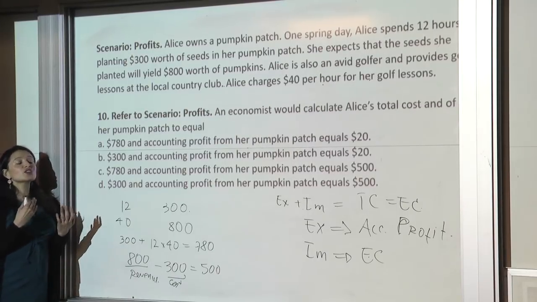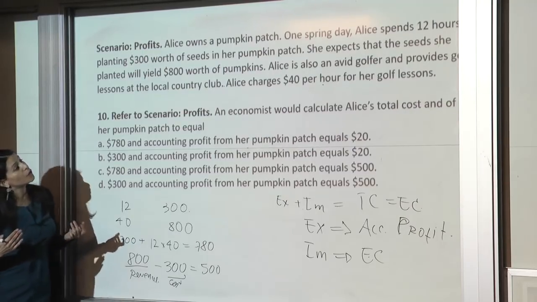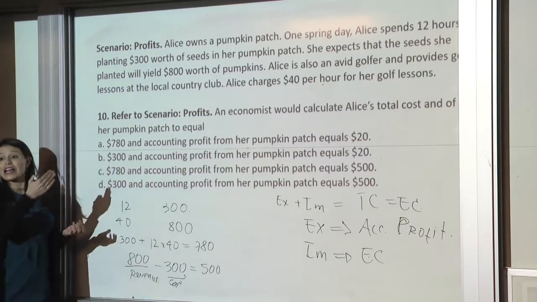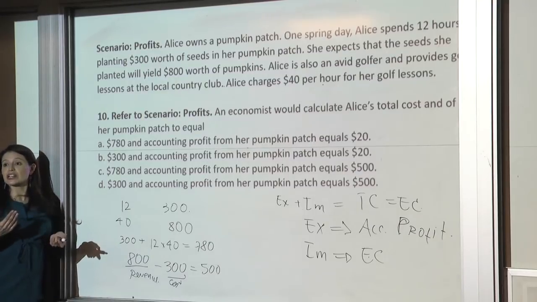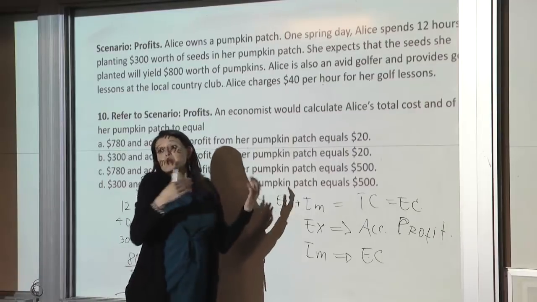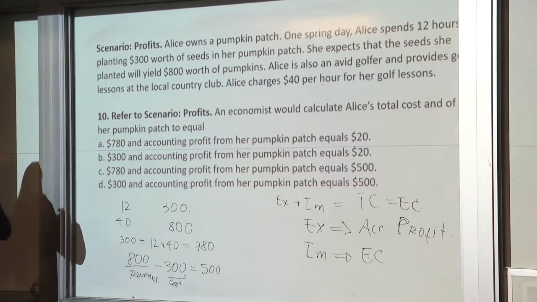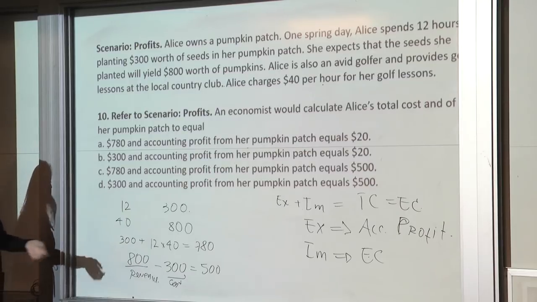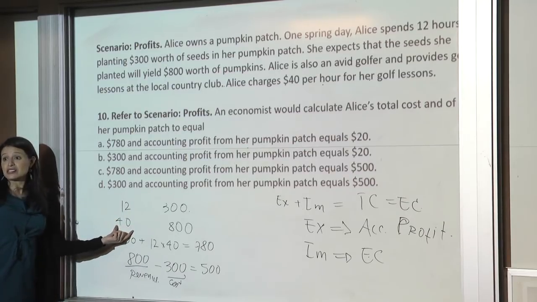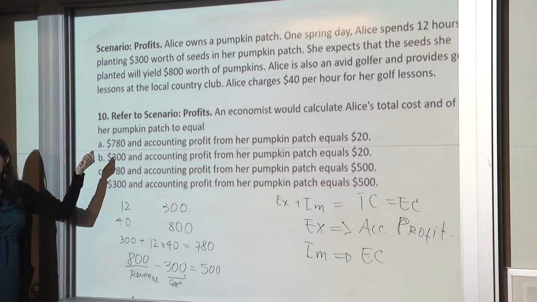So they are giving you the information about the hours of golf lessons, the price of an hour of golf lesson, to tell you, well, she's spending 12 hours of her possible work, 12 hours that she could have spent teaching golf, making $40 an hour, and instead of doing that, she is planting the seeds, right?